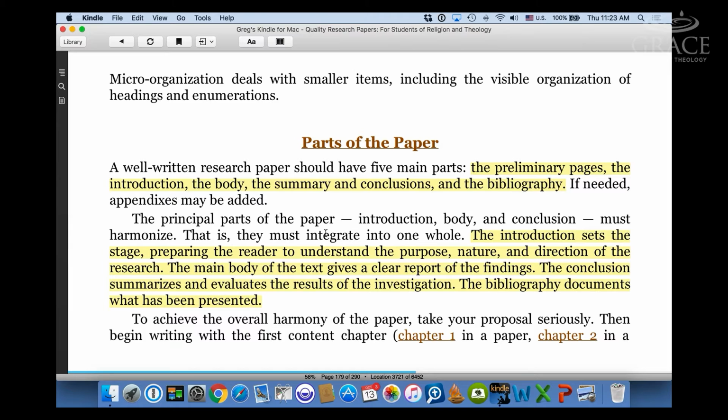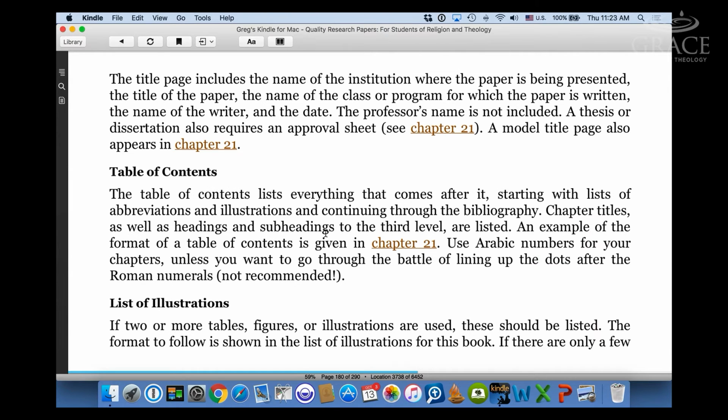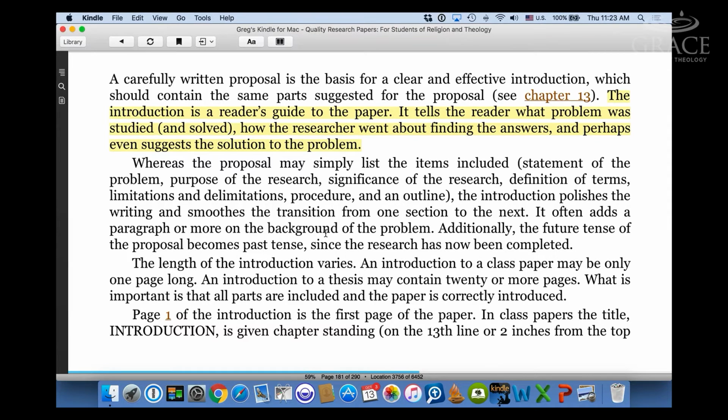The conclusion summarizes and evaluates the results of the investigation. And then the bibliography documents everything. So we have our way of doing title pages and outlines, so we'll skip all this, but here's some principles for the introduction.